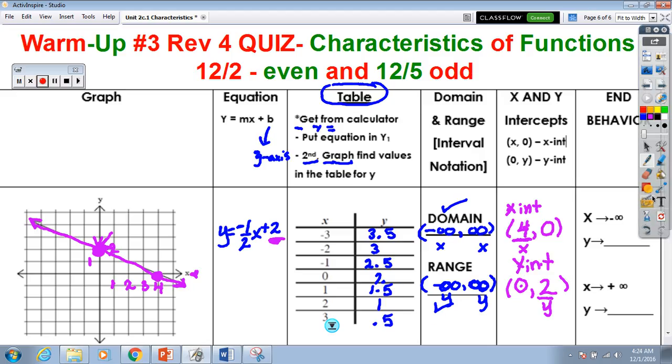So the way I like to do end behavior is you're going to start with your pencil always starting on the y-intercept. So in this case, we're going to start here at positive 2.